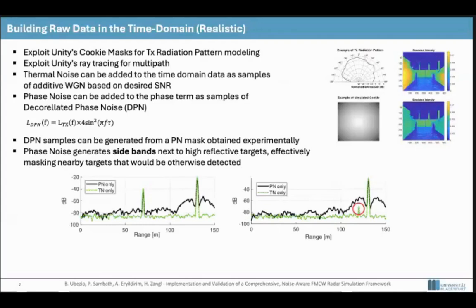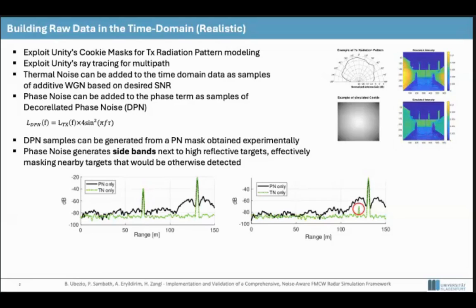So if you don't model phase noise, so if you only have thermal noise, and the two targets are pretty far apart, there is no issue. But the amplitude of the targets decreases with the square of the distance. So when the car moves closer to the building, if you don't model phase noise, the car is still detectable because it's still a good signal, right? But in the real world, you will not detect it.